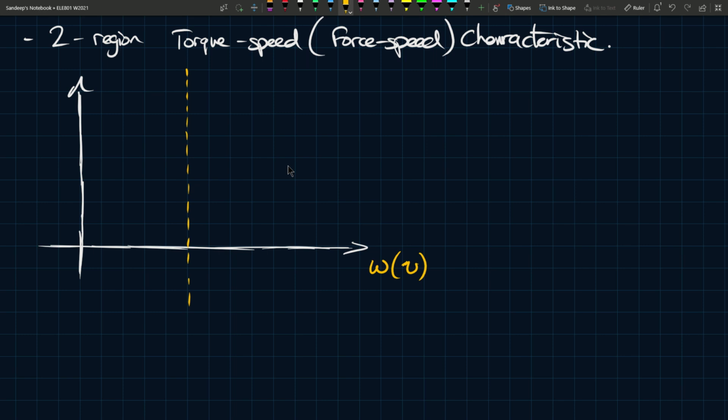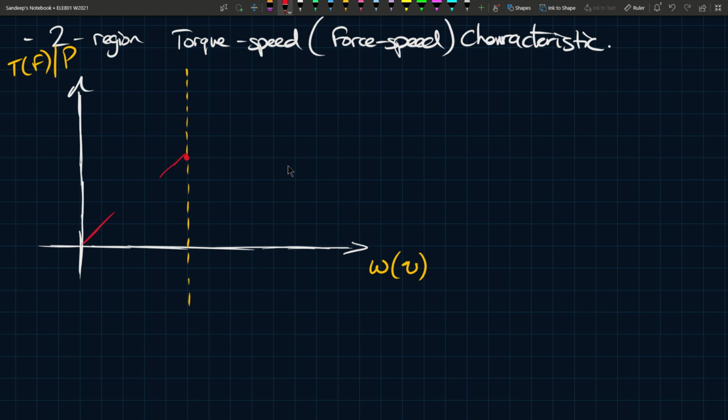And here we're going to have torque, or force, slash power. That may look like it's a function of, but it's not. So I'll draw the labels here. In any case, the power is going to do something like this. It's going to go from 0 up to some maximum here.